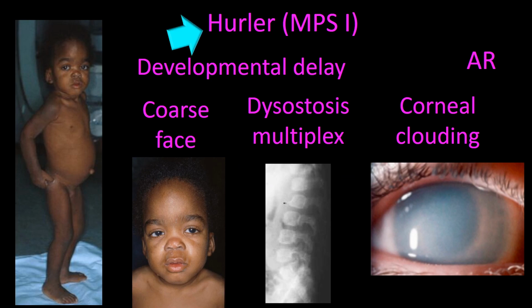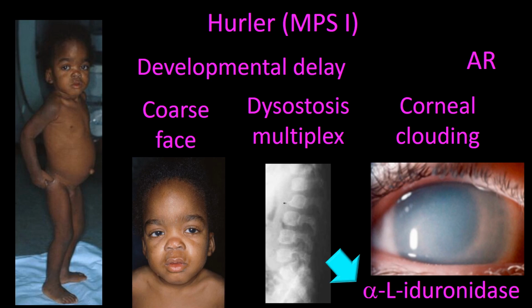But this patient has Hurler's disease. Corneal clouding is very prominent in this condition and more common than in patients with GM1 gangliosidosis. Hurler's is an autosomal recessive condition due to alpha-L-iduronidase deficiency.